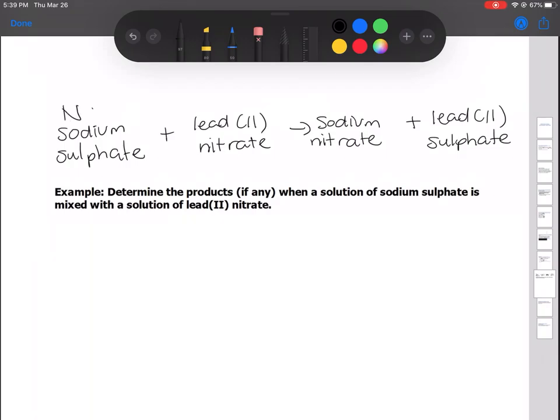Now sodium and sulfate. Sodium is Na+, sulfate is SO4 2-, lead 2, and nitrate is NO3-. The sulfate and the nitrate are found as forms on the back of your periodic table. They are polyatomic ions. Sodium has a charge of 1, but sulfate is 2.